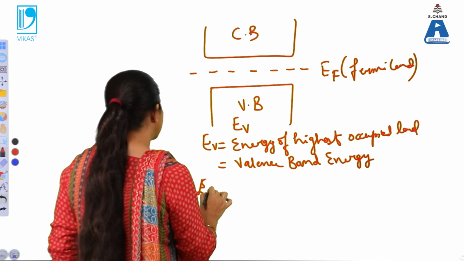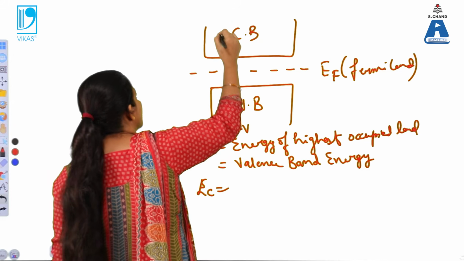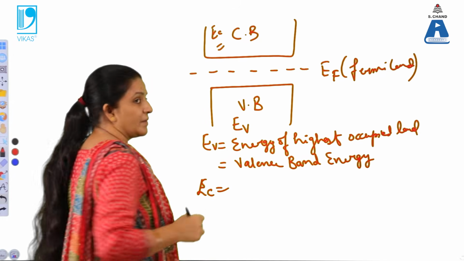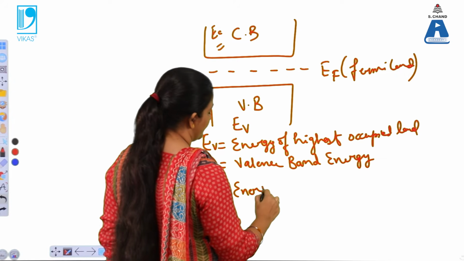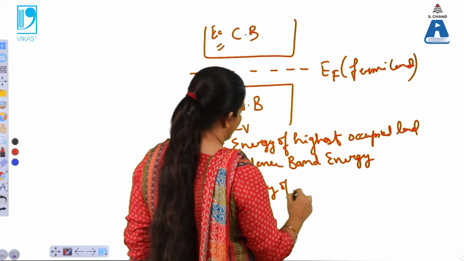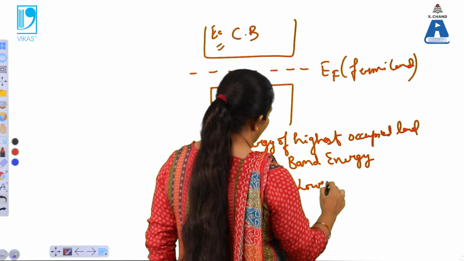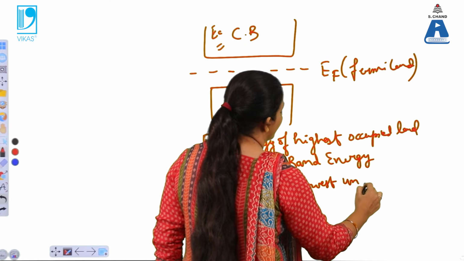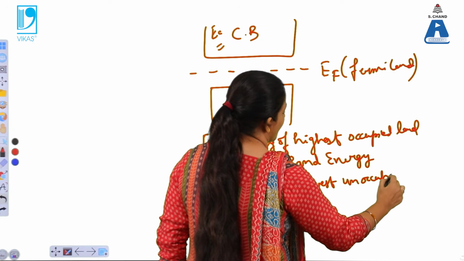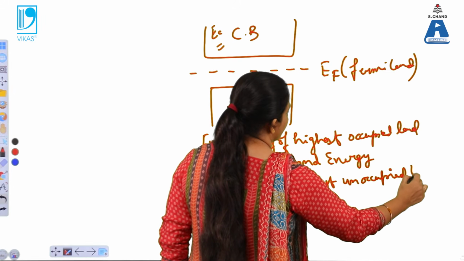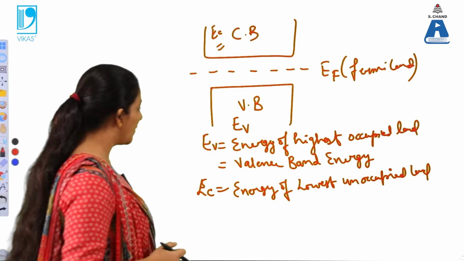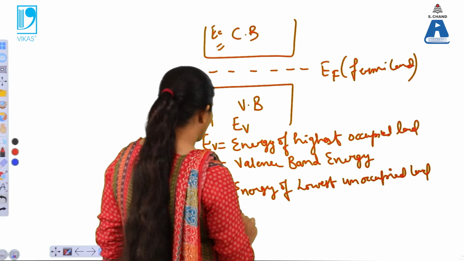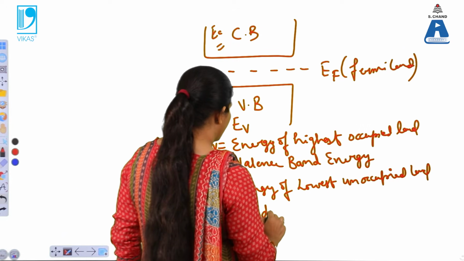Now next is the EC. This is the energy associated with the conduction band. So this is known as the energy of the lowest unoccupied band, the energy of the lowest unoccupied level, which is also known as the conduction band energy.